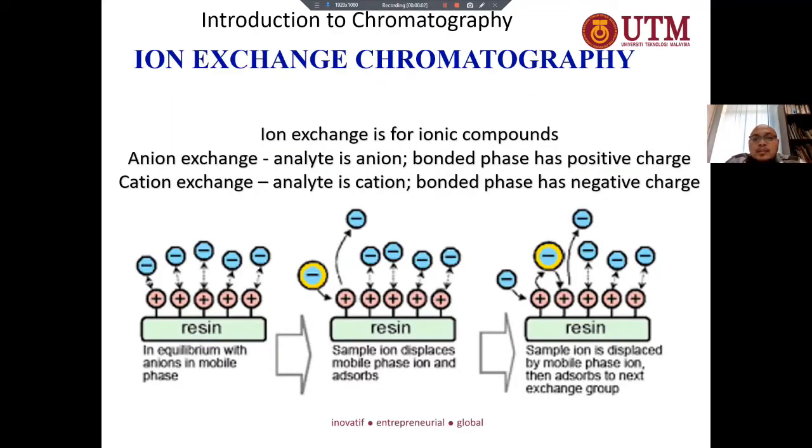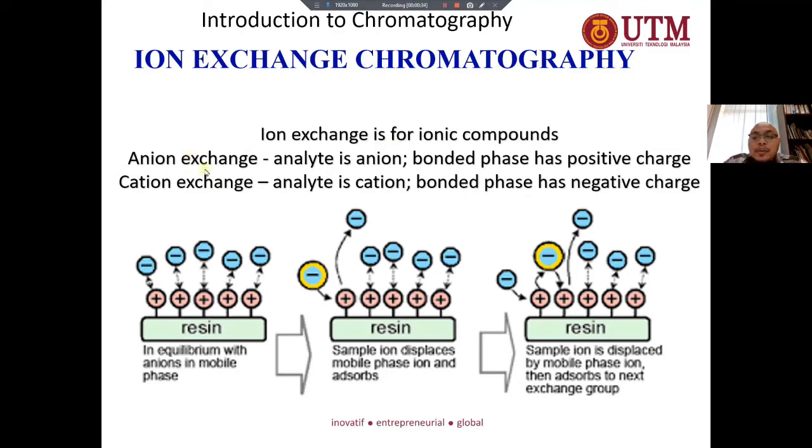Okay, the next one we will learn about ion exchange chromatography. Ion exchange is specifically for ionic compounds. Ionic compounds mean compounds that contain negative charge or positive charge. For ion exchange, we can divide into two, depending on the charge of our analyte. The first one is anion exchange, for analysis of analytes that are anions.